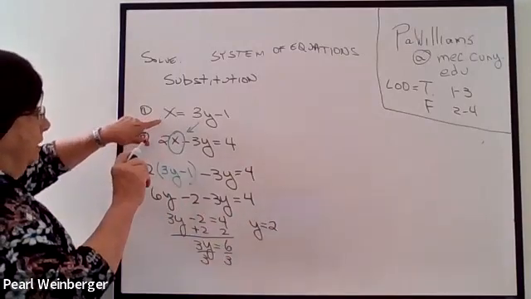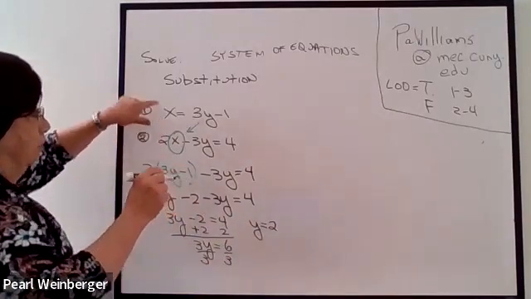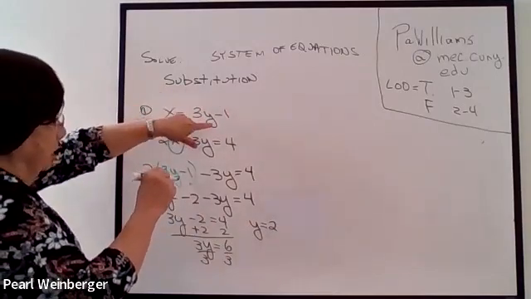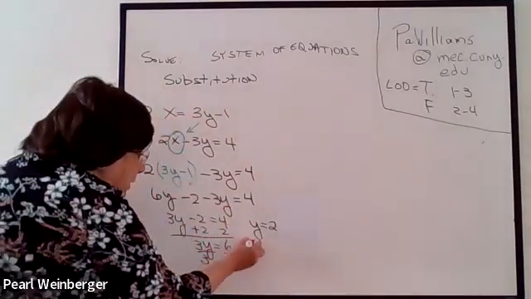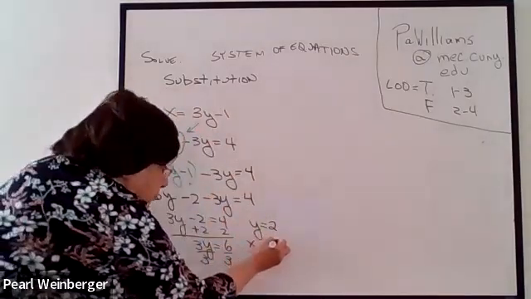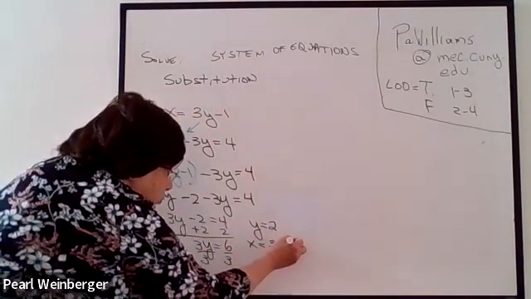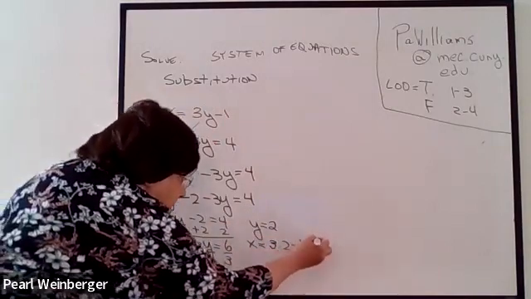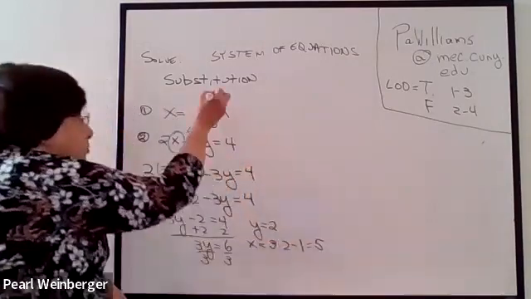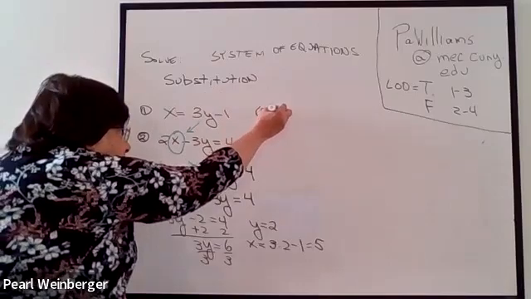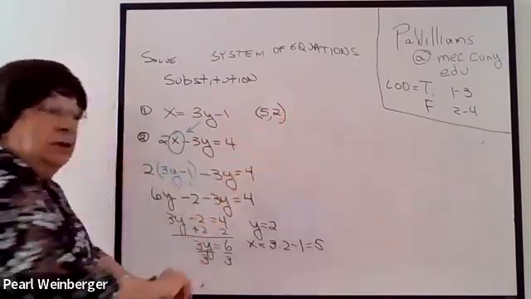So in order to find out what the x is, I go back to that first equation that tells me what x is in terms of y, and I'll do x equals, well, now I know what y is, it's 2. So I'm going to do 3 times 2 minus 1, which is 6 minus 1, or 5. So my solution to this system of equations is 5, 2.